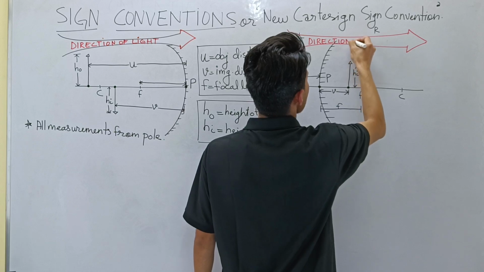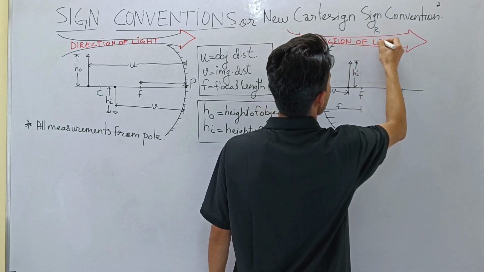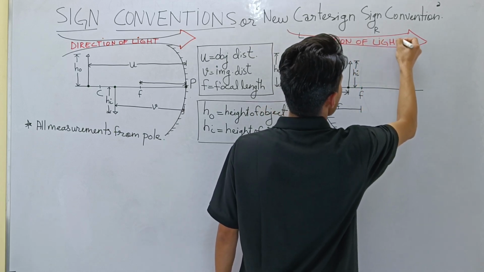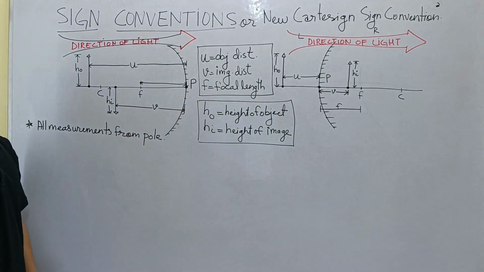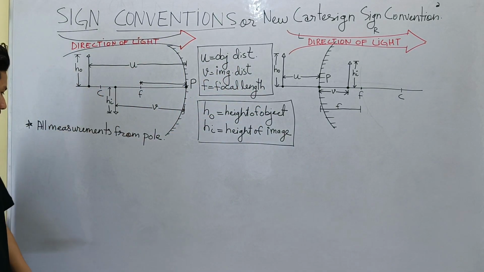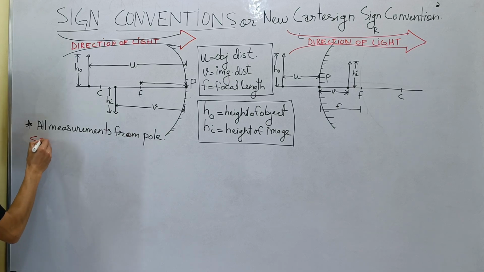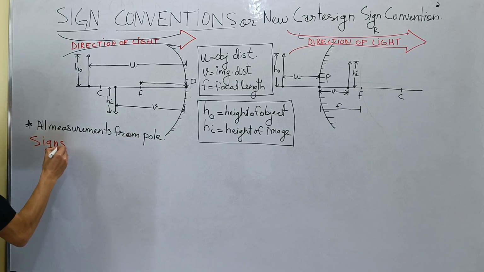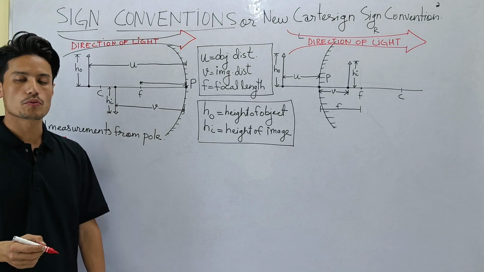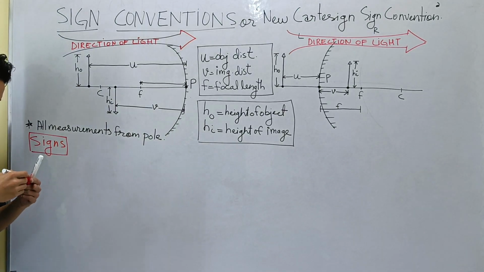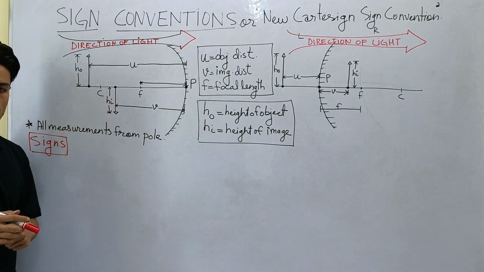Direction of light. Now this is very important to discuss the sign. So now we will be discussing the signs: which value will have positive, which value will have negative. To understand that, the direction of light will help us.